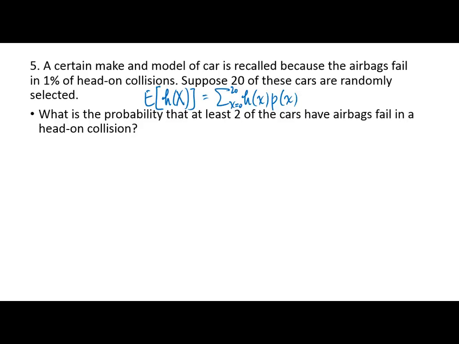So if I want to know the variance, if h of x equals X minus the expected value of X, squared, if that's my function of X, then I can just sum from x equals 0 to 20 of x minus the mean here, which is 0.2, squared, and then take that times the probability mass function of each value.